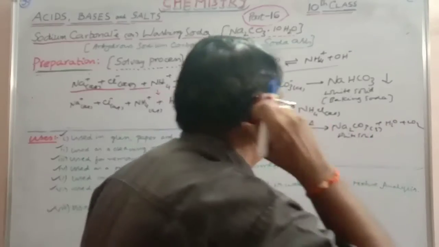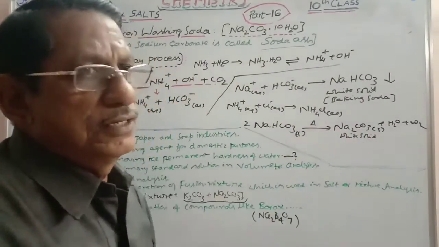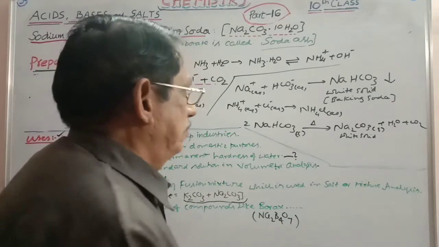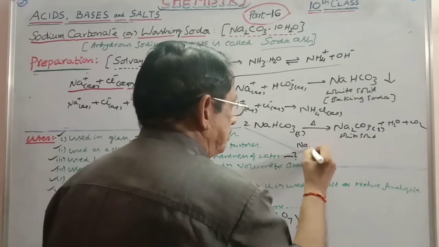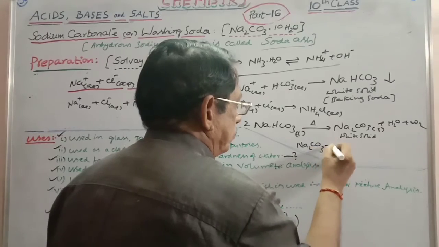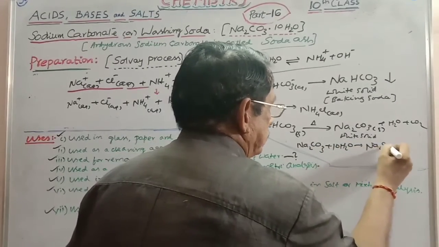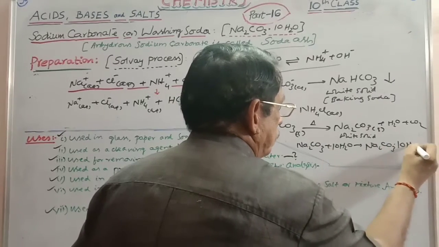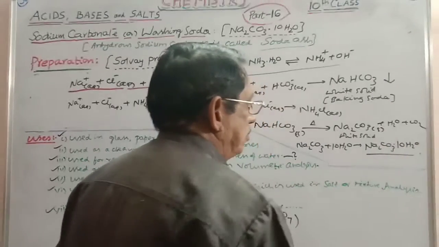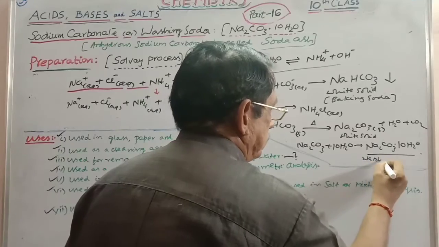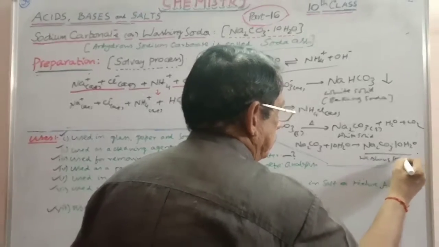In detail I am giving this, and this is dissolved in water and you are getting the decahydrate. Of course that also if you want you can write, this is the repetition only. Na2CO3 plus 10H2O. You will get Na2CO3 dot 10H2O. This is washing soda. Right?